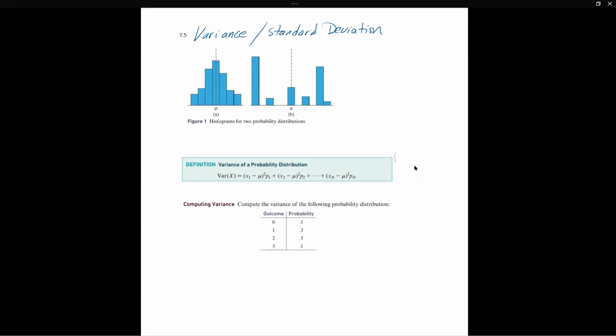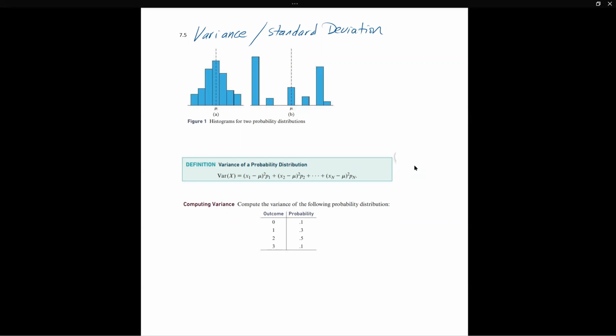So the variance will measure the dispersal or spread of a distribution about its mean. So how spread is the data about its mean? As you see in this graph, this is like we did before, a histogram of two probability distributions. We saw in the beginning of chapter 7 this histogram, and I did an example on it.